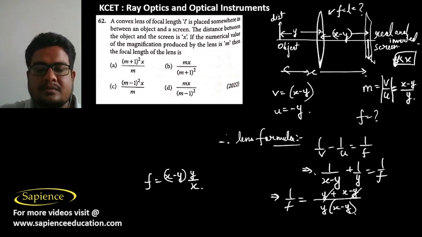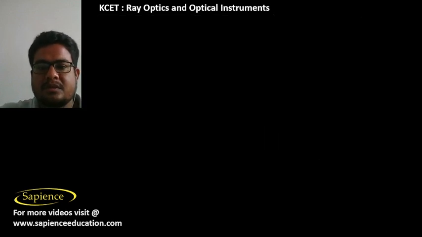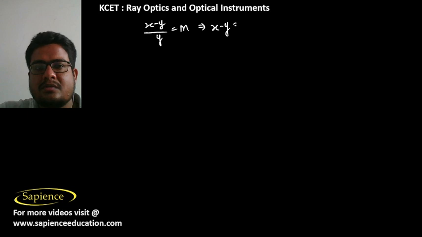From here you can write m is equal to x minus y by y. So x minus y is equal to m into y. Therefore, m plus 1 into y is equal to x.